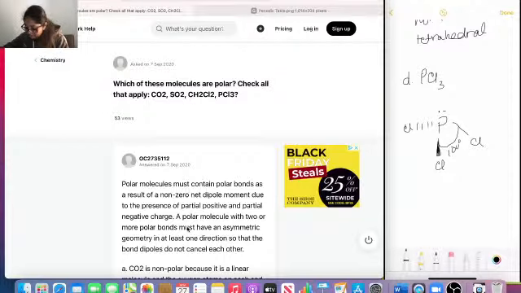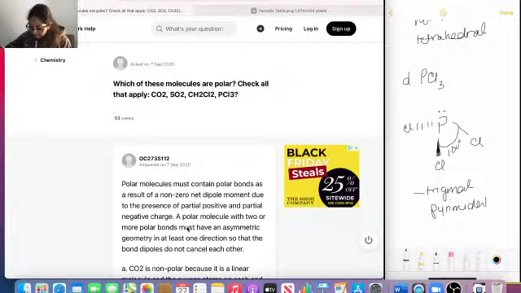And so this is phosphorus trichloride, and as you can see, it is bent, and it's a trigonal pyramidal structure. So let's write that down: trigonal pyramidal, right?